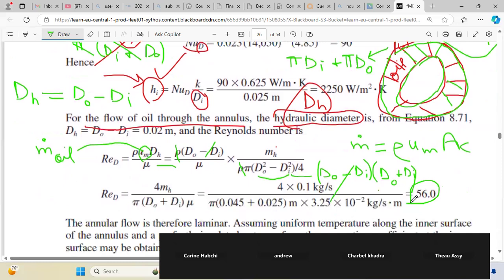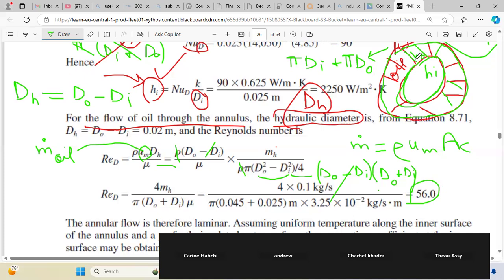And here, since the flow of oil is outside of my tube, you know, this is my inner tube. I have convection from the inner side HN, and I have convection from the outer side H out. So relative to the surface of the tube where heat transfer is taking place, oil is from the outer side, okay? So we say it's an external flow. Oil is external to this surface.